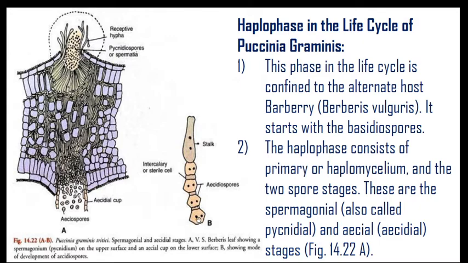Here is a single aeciospore going to germinate into an intercalary sterile cell, and this is the stalk. So this is the vertical arrangement of aeciospores.